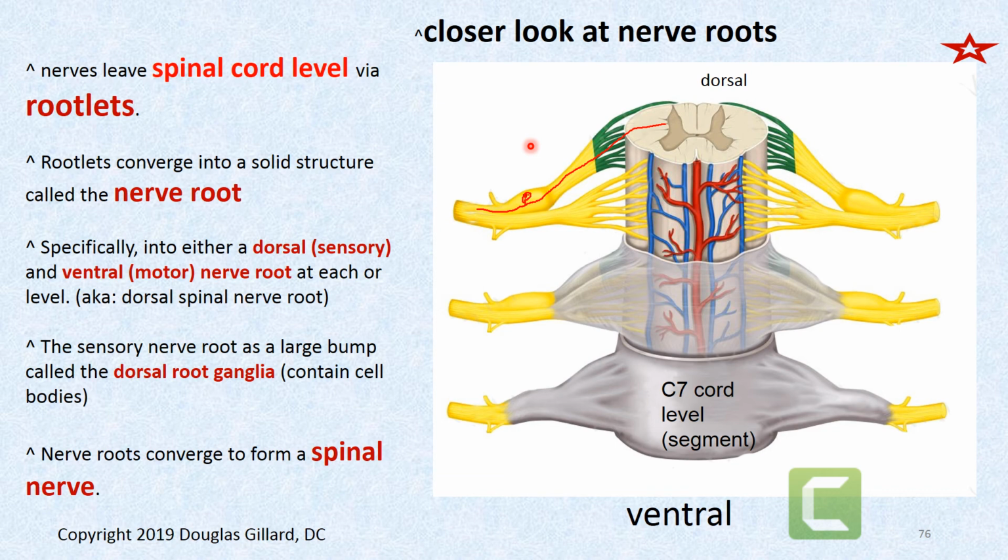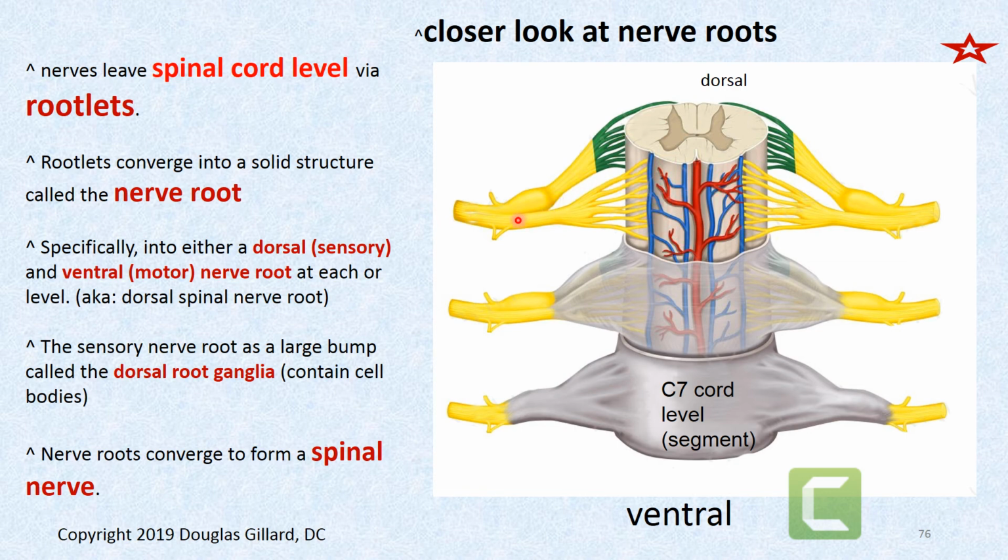The cell body makes nutrients that are transmitted up and down the nerve root to keep it alive, and a whole bunch of other stuff. But these cell bodies live inside the dorsal root ganglion. So that's an important concept. On the motor roots, there's no cell body there. The cell body is inside the CNS, inside the spinal cord. And remember, the signals are going this way. These signals are going that way. Right? So we'll come to that again when we talk a little bit more about neurology.